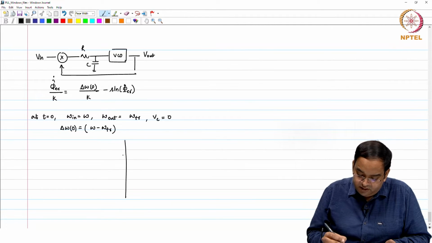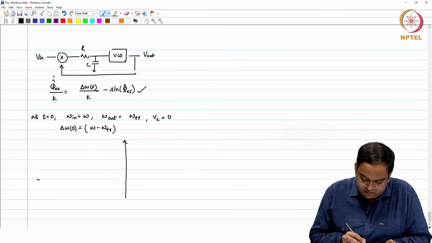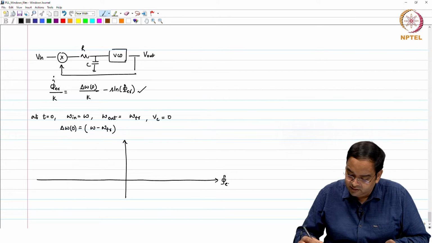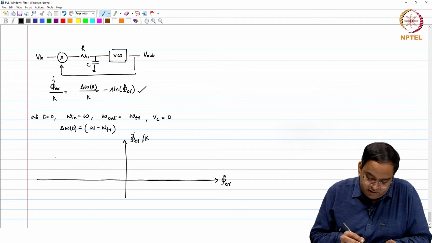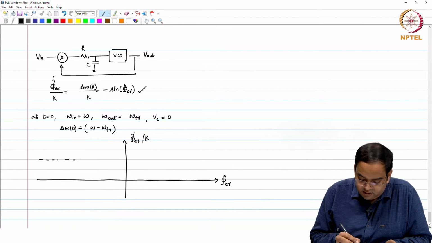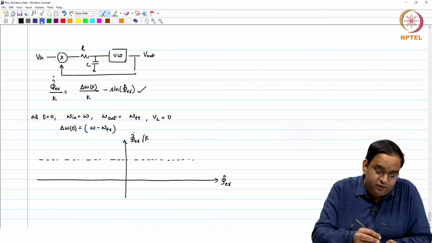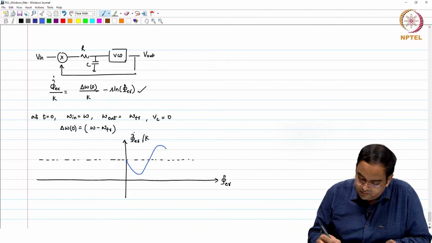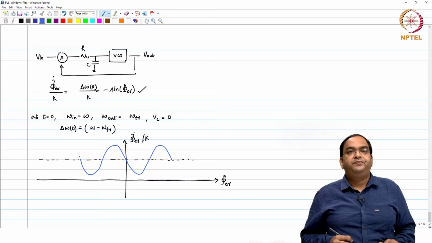So, I will plot the same thing for the case when you do not have a solution for this equation. So, let us see this. You have here as phase error, and this one is phase error dot by k, assuming that there is no solution, I will plot. Okay.